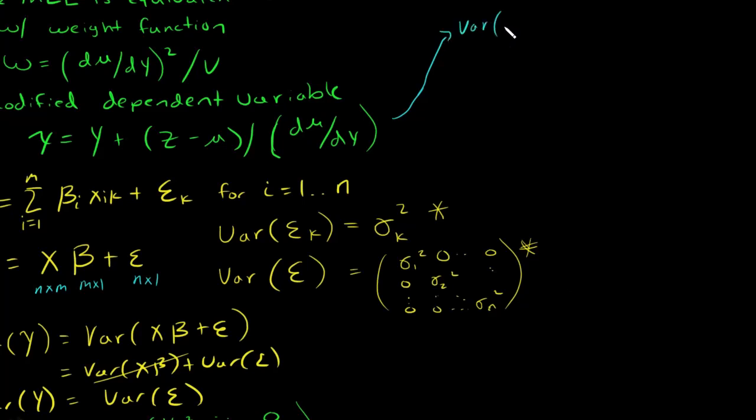So the variance of y equals the variance of capital Y plus z minus mu, divided by d mu dy. Okay, now, before I do anything, I want to distribute a little bit.